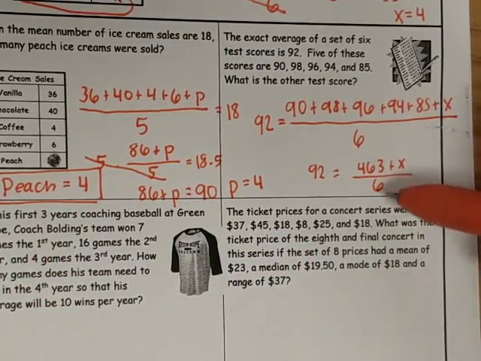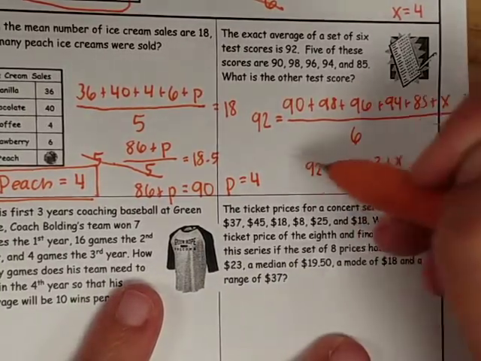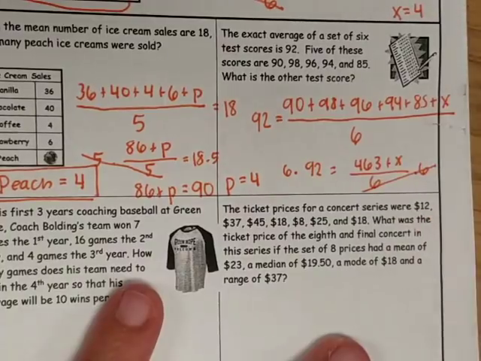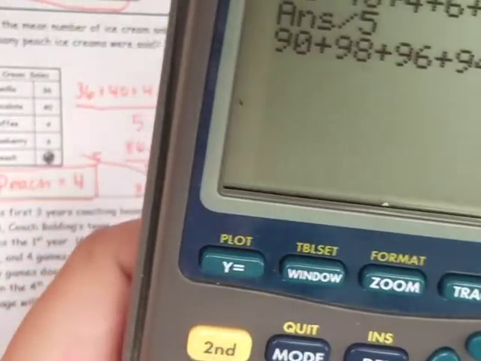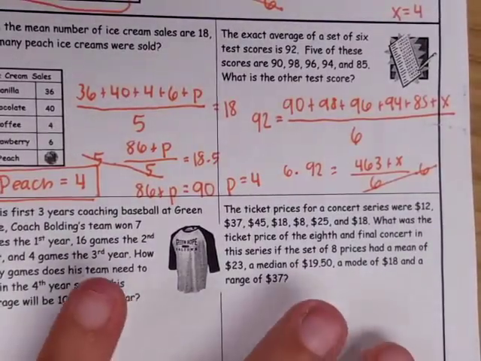A lot of people want to just divide this by 6. You can't do that because the 6 is actually dividing both of these. So we actually have to get rid of the divide by 6 by multiplying both sides by 6. So 92 times 6 is 552.